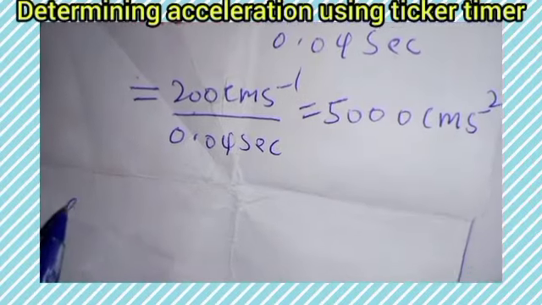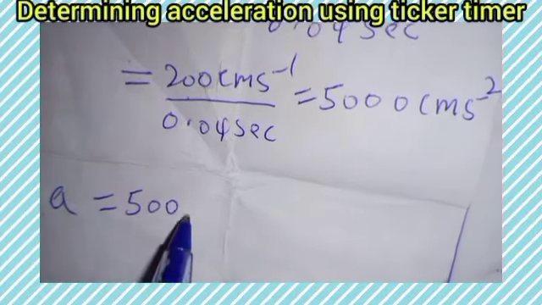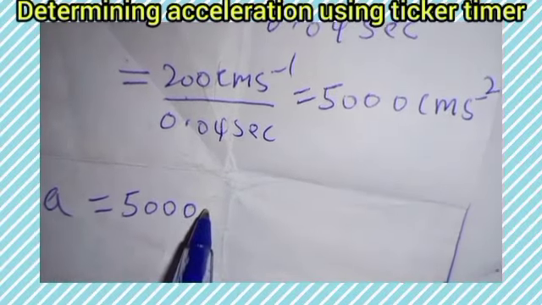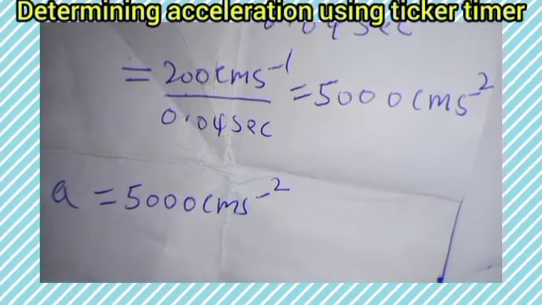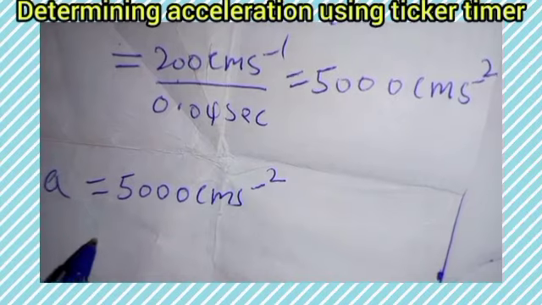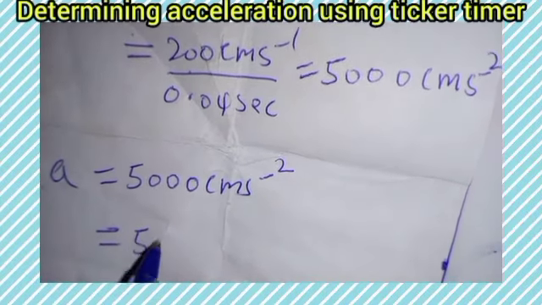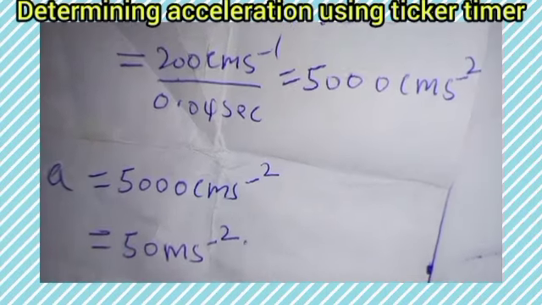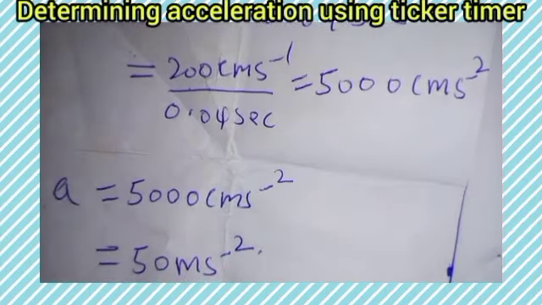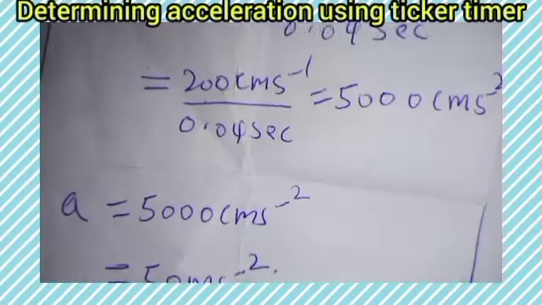So our acceleration is given by 5,000 centimeters per square second. If you want, you can give it in terms of meters by dividing by 100, which will give you 50. That is the acceleration from those values which were obtained experimentally.